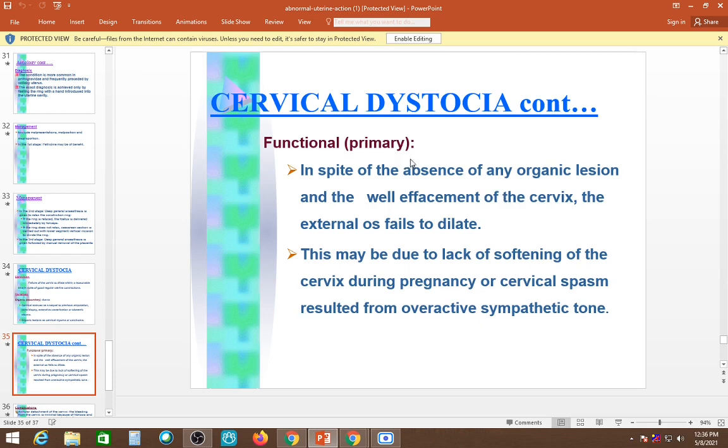There is no surgery, no myomas or sarcoma, no problem with the cervix, but dilatation fails. So it falls in functional or primary dystocia. This may be due to lack of softening of the cervix during pregnancy, or cervical spasm resulting from overactive sympathetic tone.